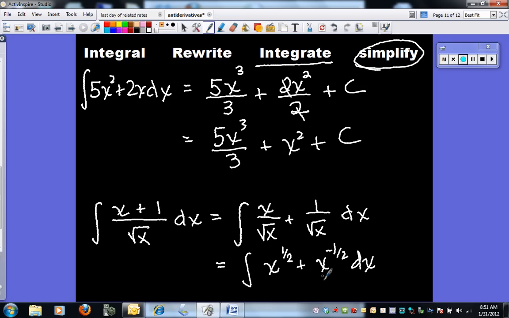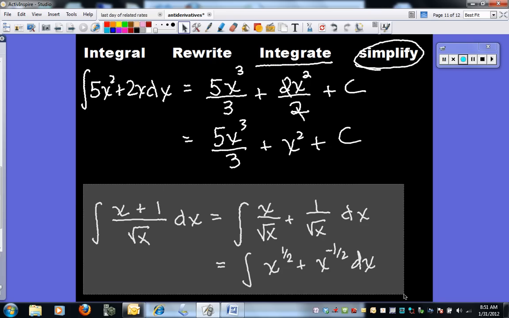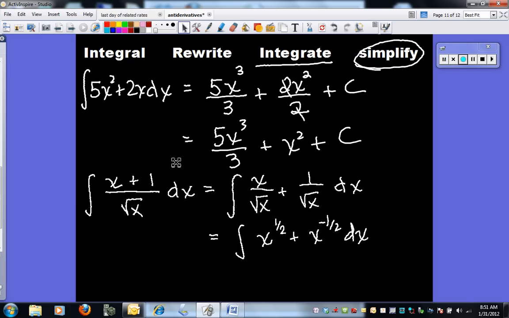Now we can apply our power rule for antiderivatives, integrals, however you want to call it. You'll hear us, again, using it both ways. And you add 1 to the exponent, divide by the new exponent. So you end up with x to the 3/2 over 3/2 plus x to the 1/2, adding 1 to the negative 1/2, over 1/2 plus c.